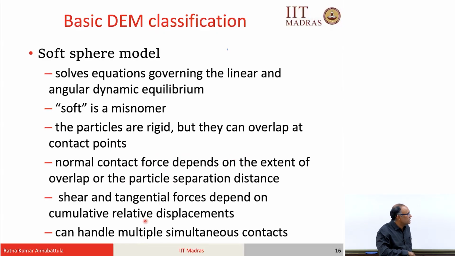Similarly, you can also have shear and tangential interactions, and this allows us to deal with multiple contacts simultaneously, because you are having a finite amount of time of interaction. So, you can calculate the interaction on one particle due to other particles, and then calculate the total effective force acting on that particle, that decides what will be its next position.